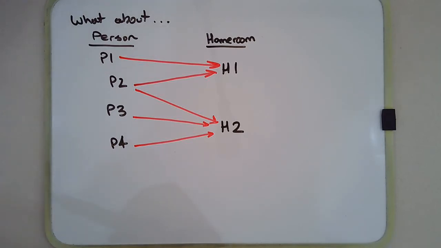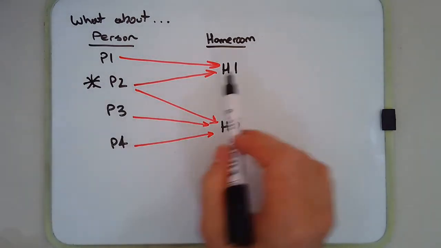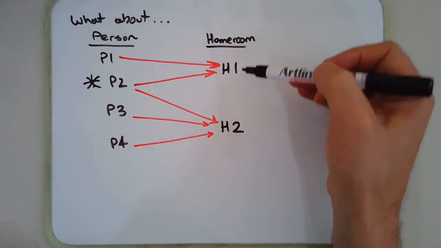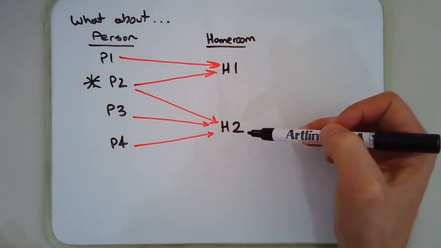Now, I think, well, no, it can't be, because person number 2 has stated that they are simultaneously associated with homeroom 1 and homeroom number 2.